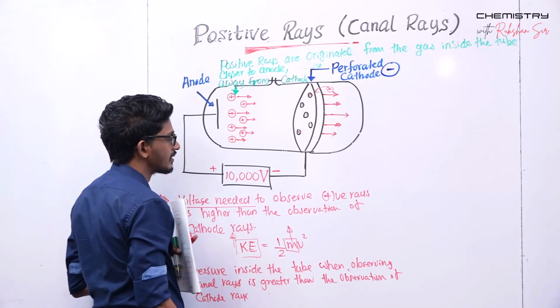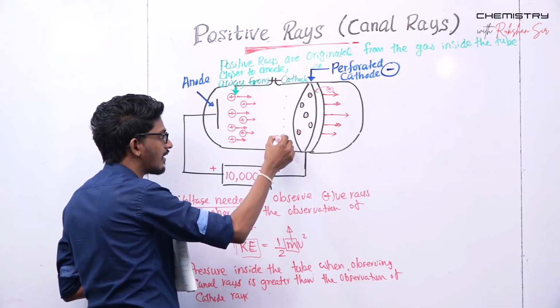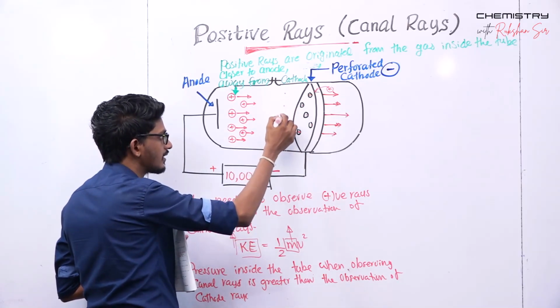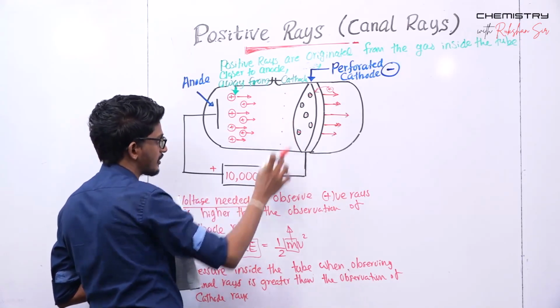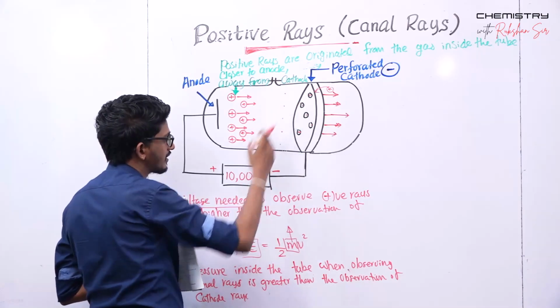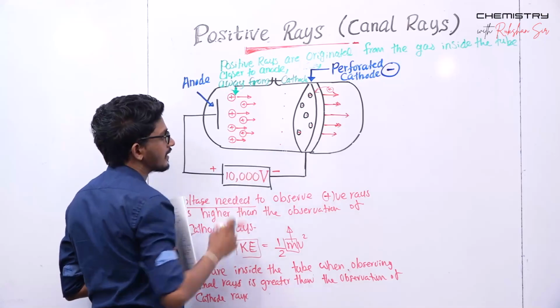That will happen if the rays originate from here. Why is that? If the rays originate from here, their acceleration toward the cathode is not enough to overcome the drag by the cathode.